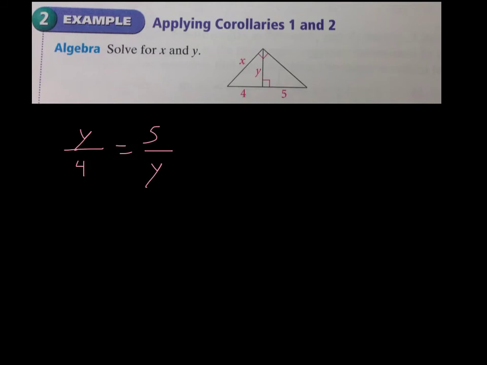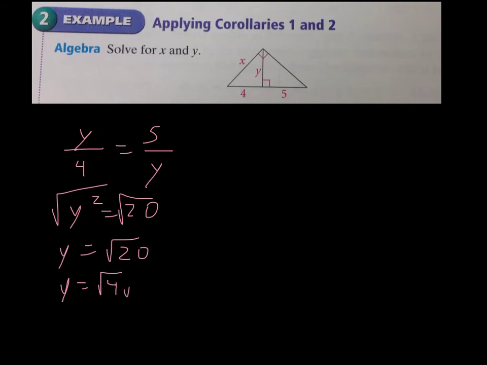So, doing cross products, y squared is going to equal 20. Take the square root of both sides, so y equals the square root of 20. Then simplifying radicals, y equals the square root of 4 times the square root of 5, so y equals 2 times the square root of 5 is your full credit answer for y.